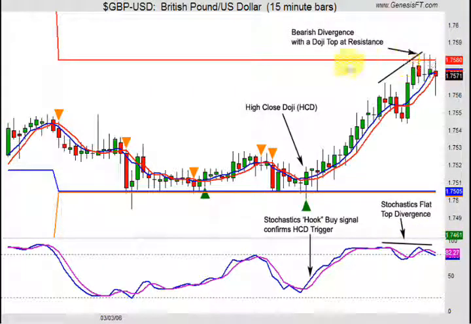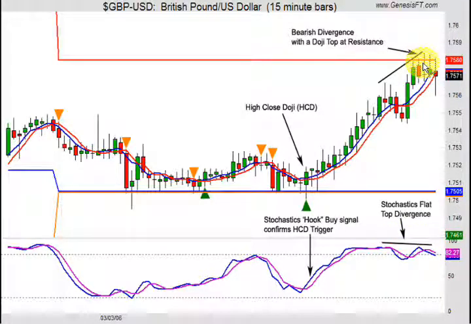We have resistance, we have a doji forming at resistance. That's bearish divergence. Why is that bearish divergence? Because our stochastics has made a high where our fuchsia line is compared with prior highs. At this high juncture, fuchsia is up here, and we're just slightly lower. Subtle differences, but we have a flat top or a lower secondary high in our stochastics.